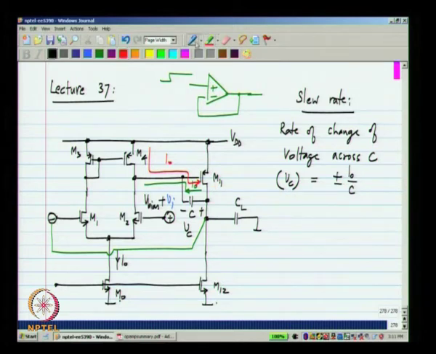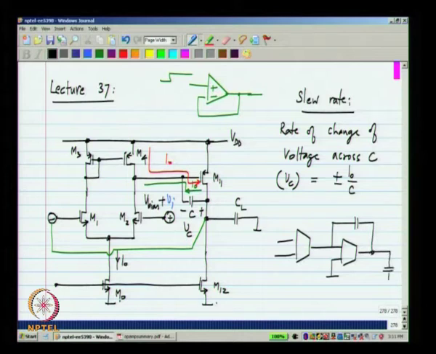Remember, if you recall the representation of the two stage op amp at the level of transconductors, this is what we have: gm2, gm1, C and CL. Now, the second stage is supposed to be a current controlled voltage source, and it becomes a current controlled voltage source because the voltage at the negative input of gm2 is very small.